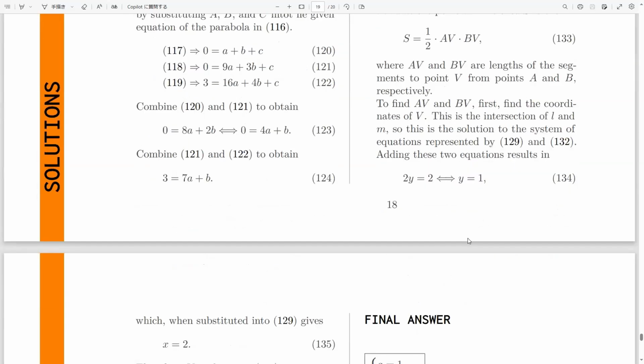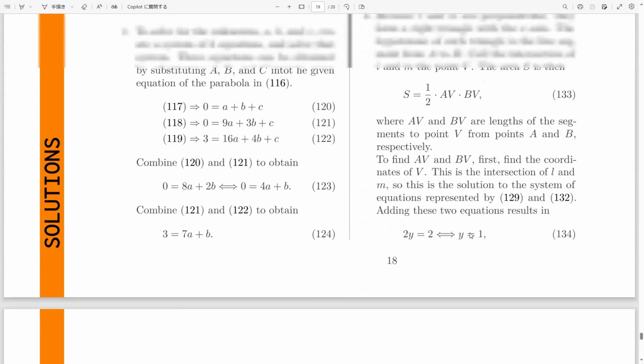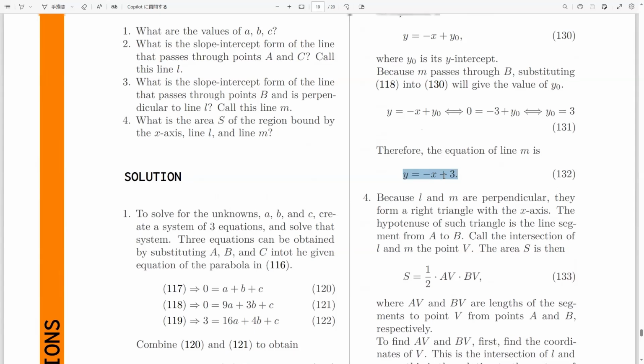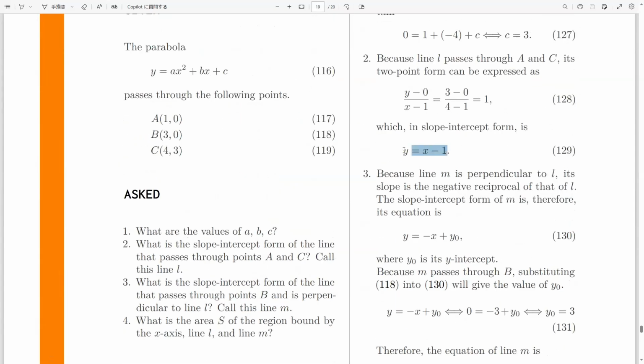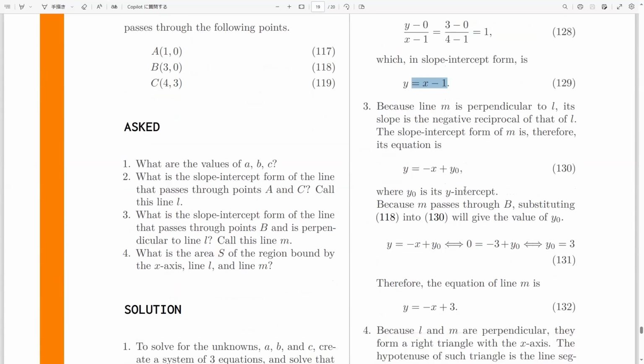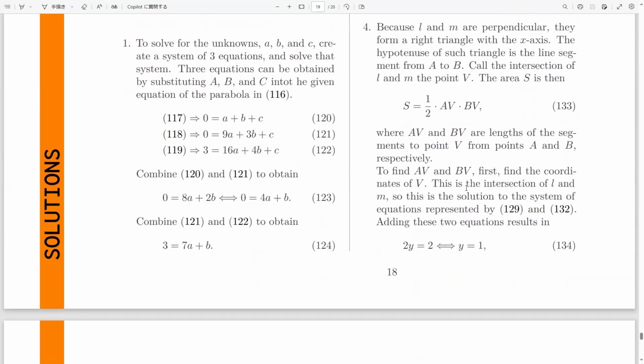So what we do here now is we solve the system of equations. So we have the equations. So this is the equation for line M, and this is the equation for line L. So we solve for x and y where they intersect. And again, what we do here is the good old elimination trick.